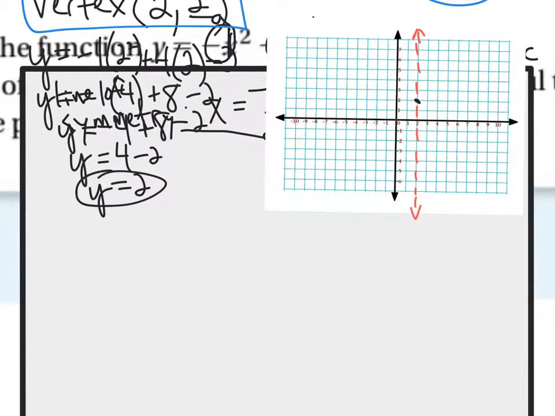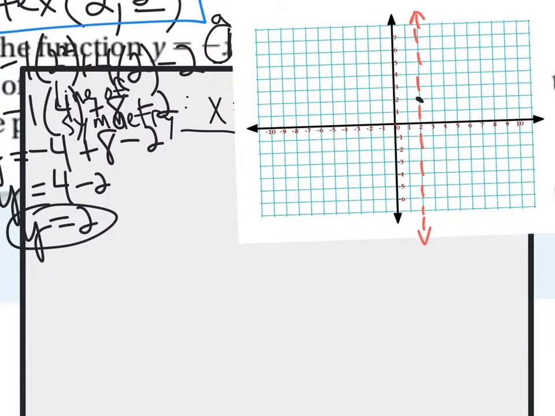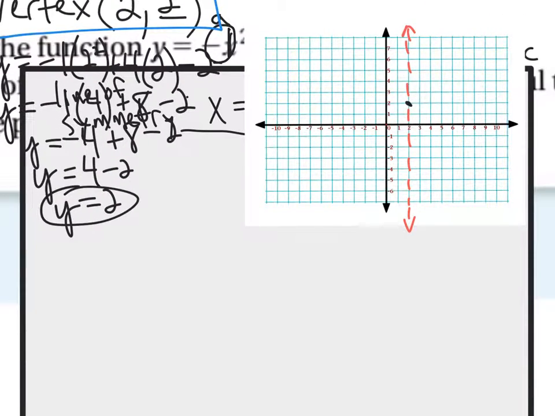At that point, we can go and find some other points on our graph. We want to have a total of 5 points, really. We already put a 2 for x, so now I'm going to use 0.